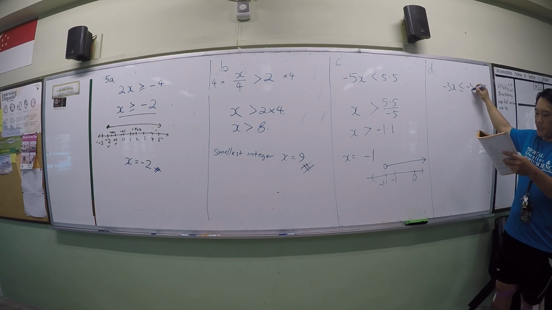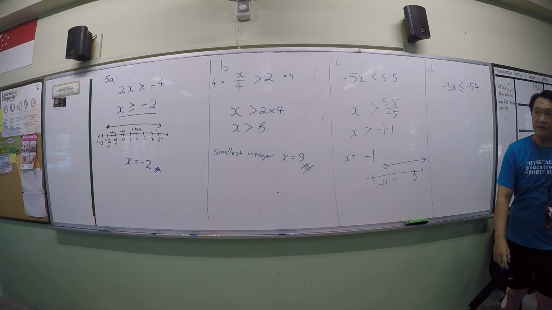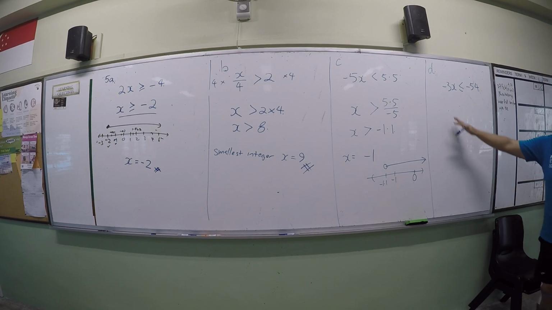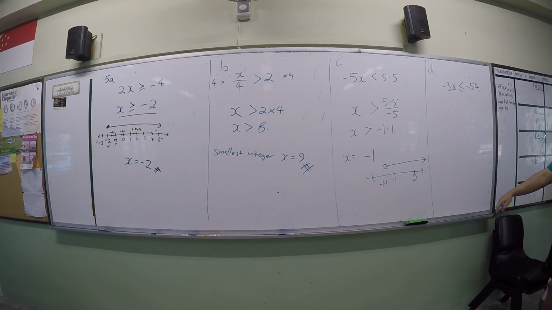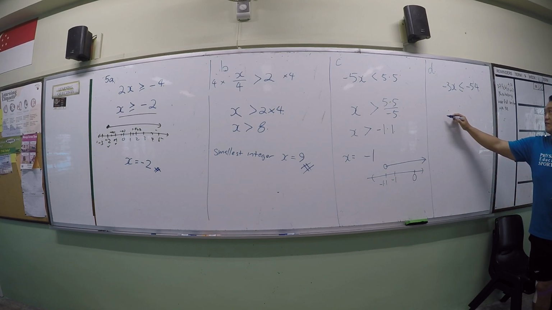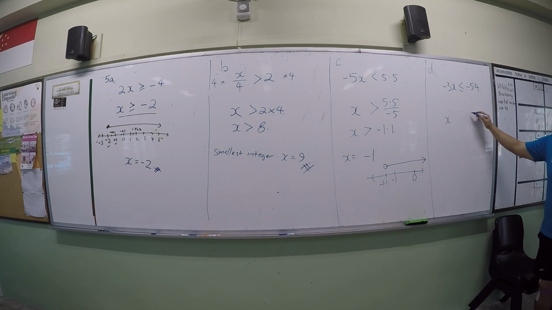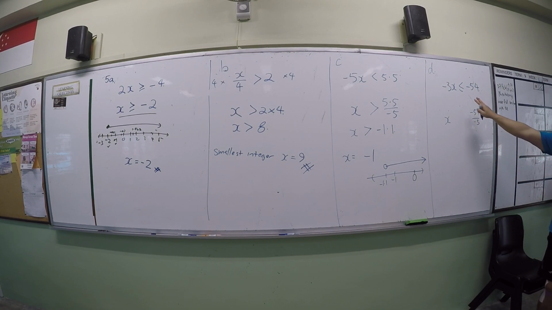Negative 3 times x is smaller than negative 54. I don't want negative 3x, I want 1x. I have to divide both sides by negative 3. Dividing by negative, change direction.